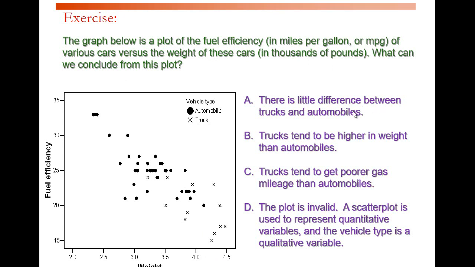There is little difference between trucks and automobiles. So here, notice that we have two categories, automobiles and trucks. And the data points for trucks are plotted using X, and the data points for automobiles are plotted using filled-in points. Trucks tend to be higher in weight than automobiles.